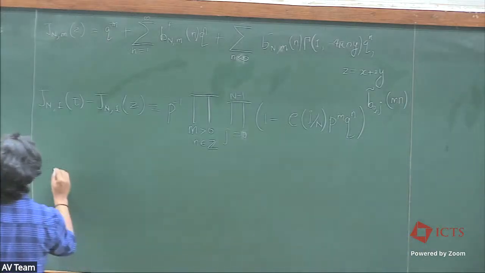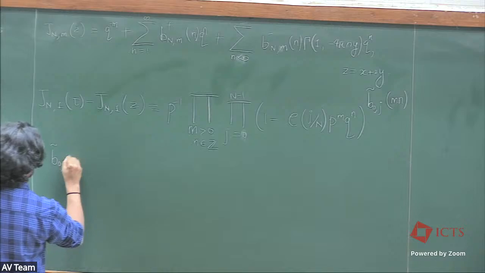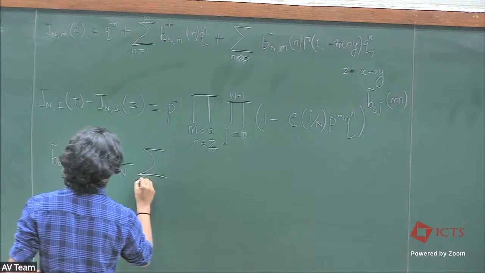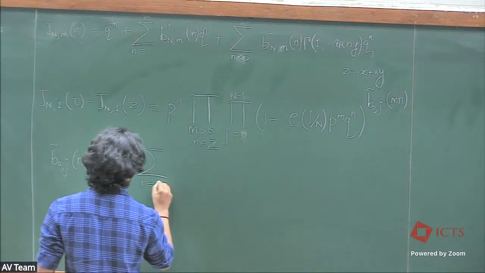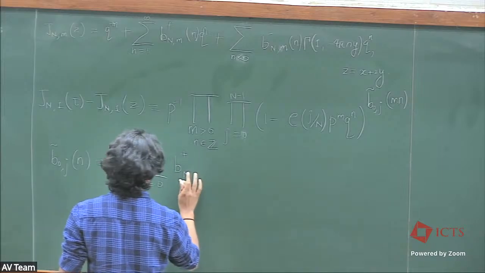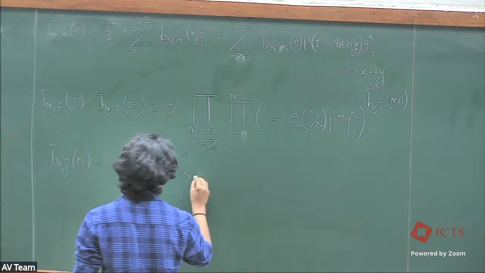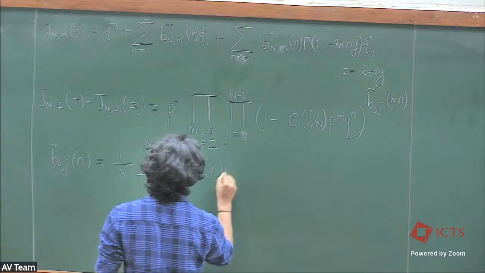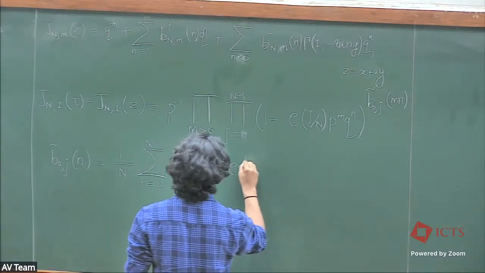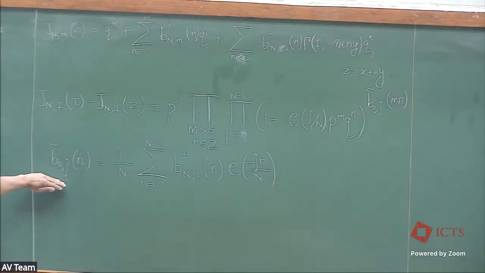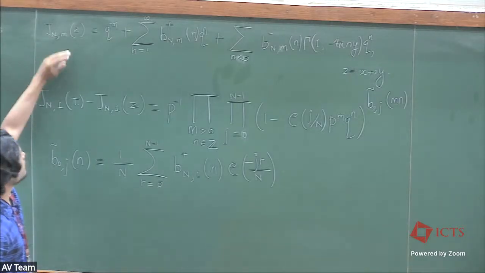And these numbers are given in terms of Fourier coefficients of this function.